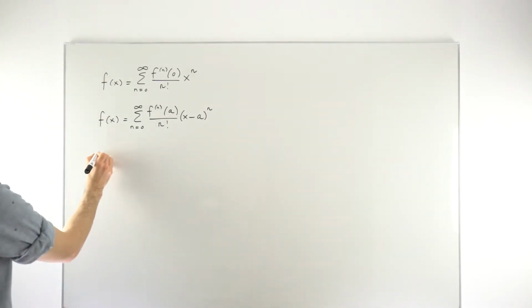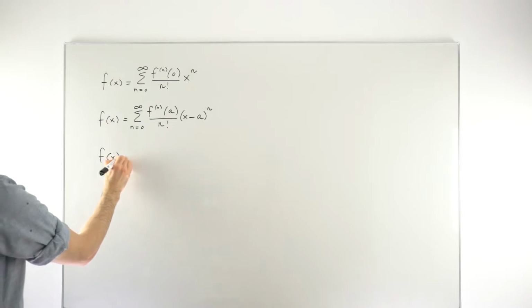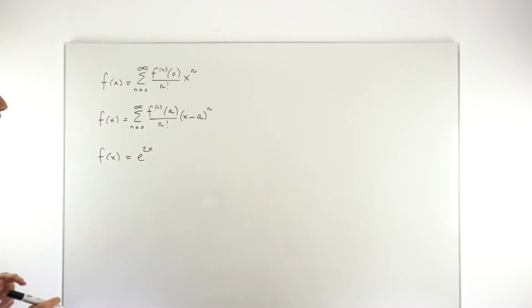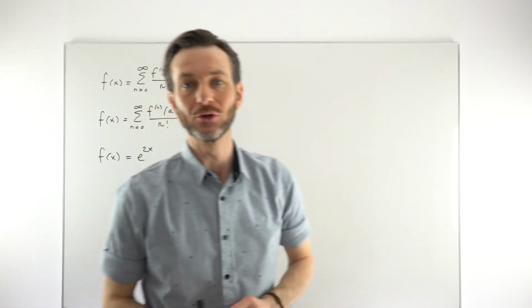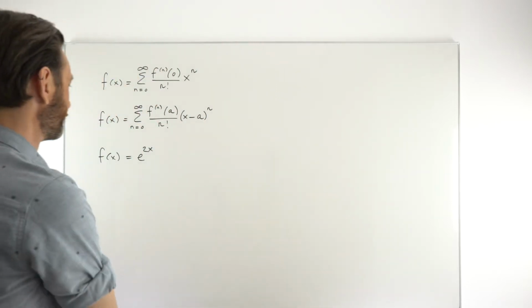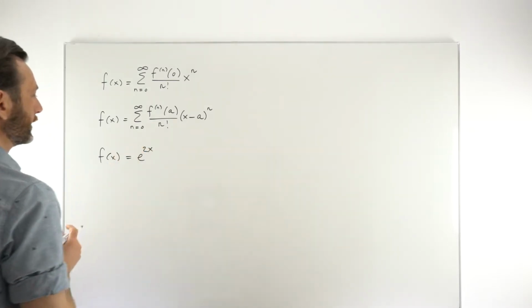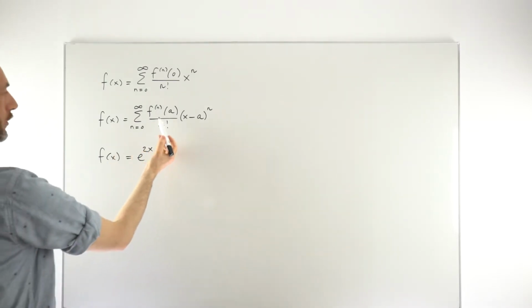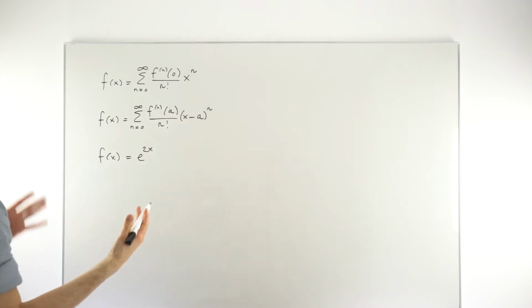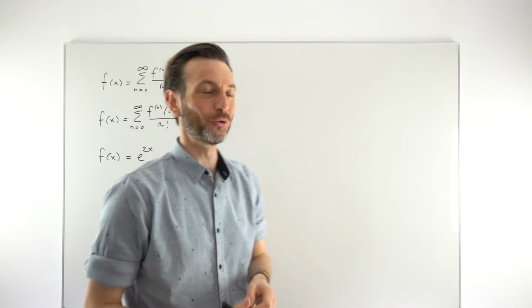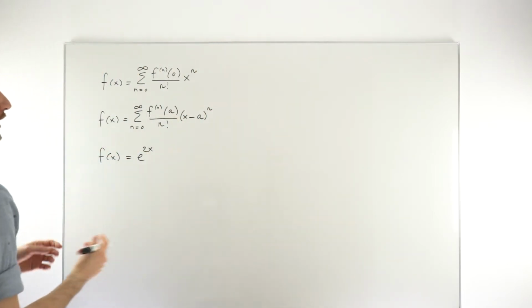Let's say first of all that we've got the function f of x equals e to the power of 2x, and we want to develop the Taylor series for that function. This is quite a nice function to work with because there's a nice pattern in its derivatives. The first term we take is the zeroth derivative, which really just means no derivative at all. It means the original function. We want to evaluate that at the center.